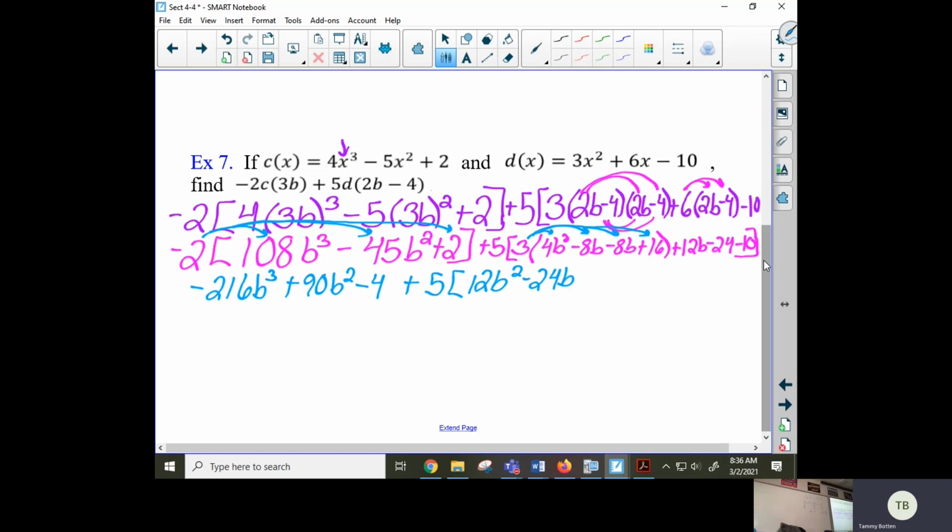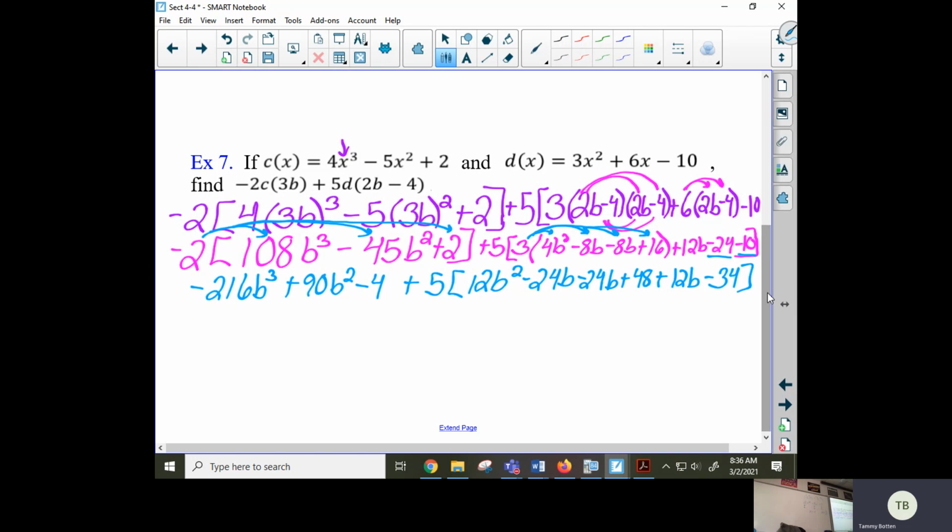And 3 times 16 is 48. Okay. Then I have my plus 12b, and I can combine these two. -24 minus 10 is -34.